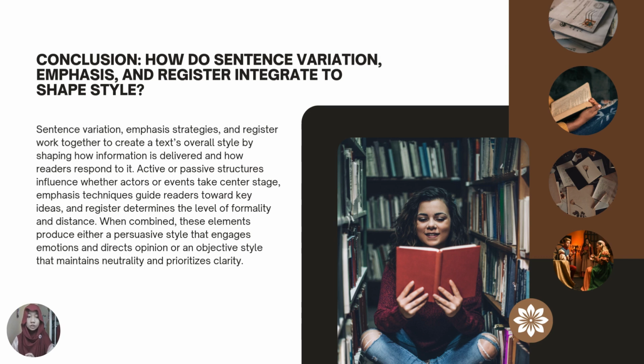Active or passive structures influence whether actors or events take center stage, emphasis techniques guide readers towards key ideas, and register determines the level of formality and distance. When combined, these elements produce either a persuasive style that engages emotions and direct opinion, or an objective style that maintains neutrality and prioritizes clarity.